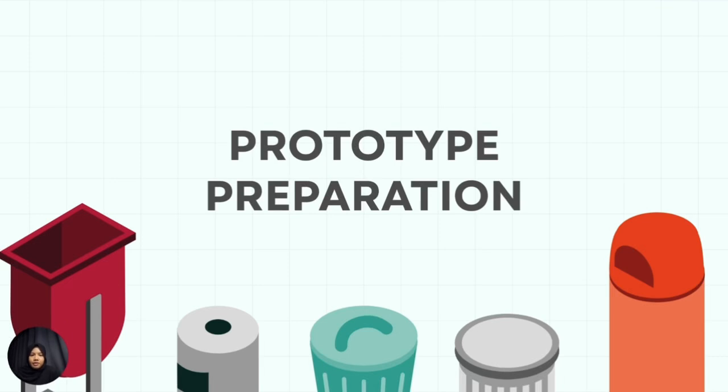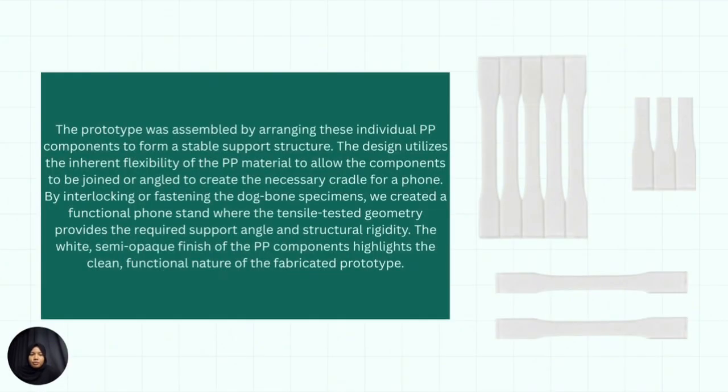Prototype preparation. The prototype was assembled by arranging these individual PP components to form a stable support structure. The design utilized the inherent flexibility of the PP material to allow the components to be joined or angled to create the necessary cradle for a phone.